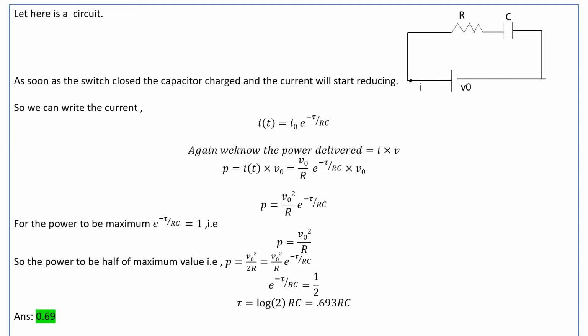So from here we will get the value of t, that is equal to log 2 RC, whose value is 0.693 RC, and the answer is 0.69.